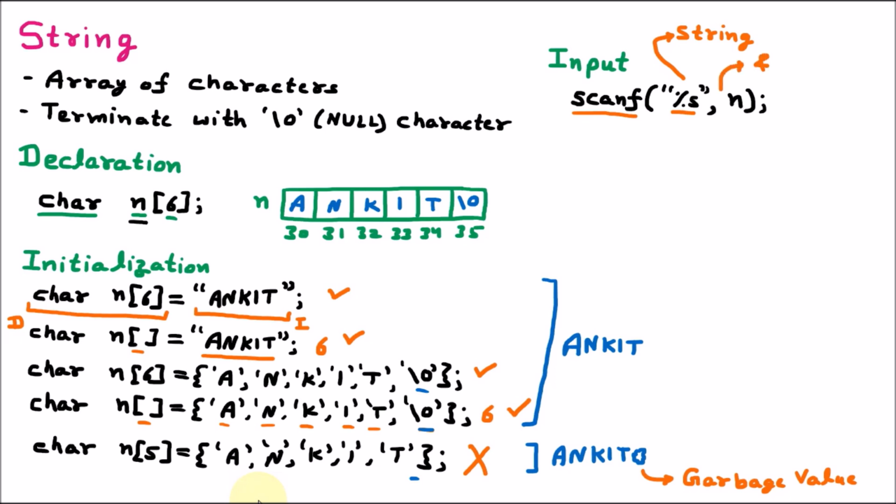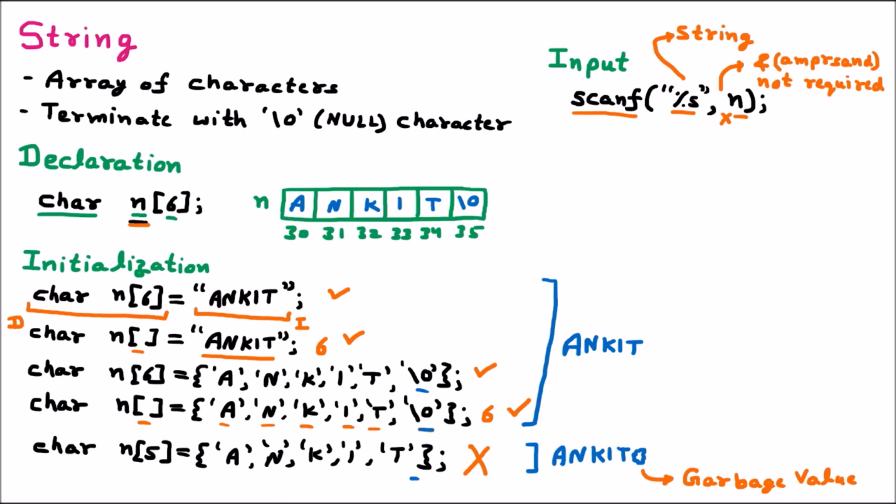Whenever we are dealing with a string and taking the input using the scanf statement, the ampersand sign is not required. You don't have to provide the ampersand here. Simply write the name of the array. We have declared the character array n, and the ampersand sign is not required.